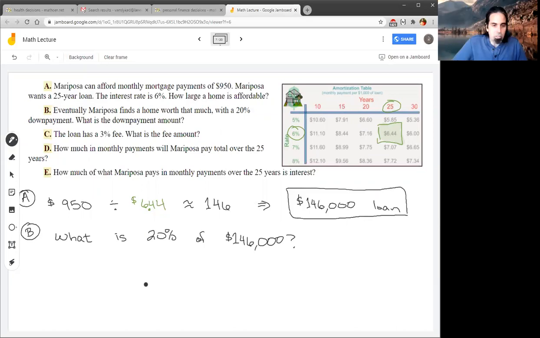We did a bunch of these percent sentences last class. There were two ways to solve them. You could translate or you could make a proportion. So I'll do both.